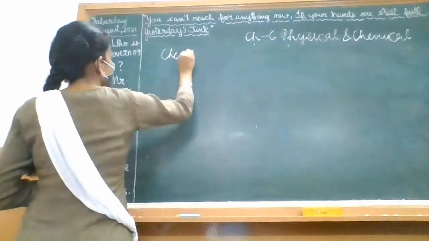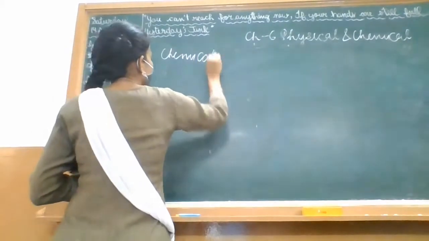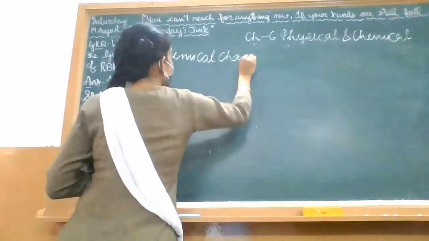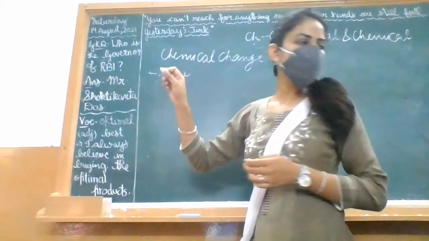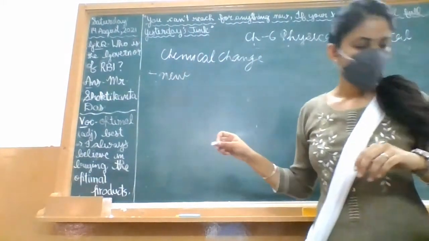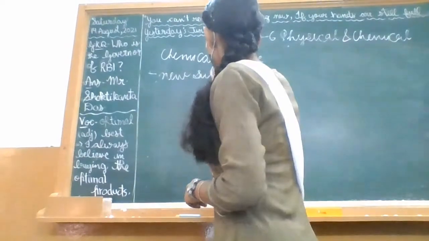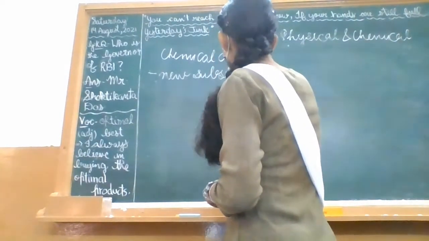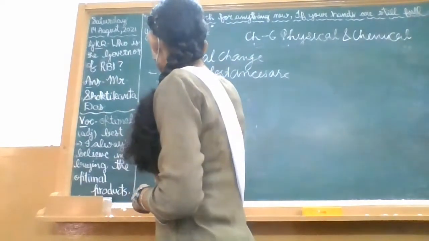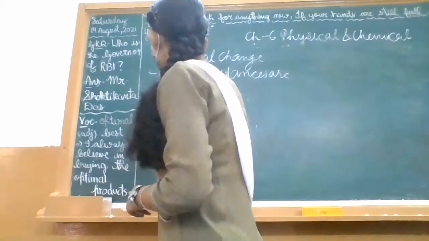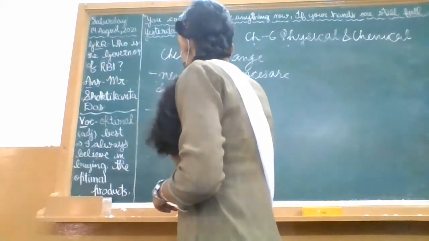Chemical change: a change in which new substances are formed. Yes, new substances are formed. It is also called a chemical reaction. It is irreversible.